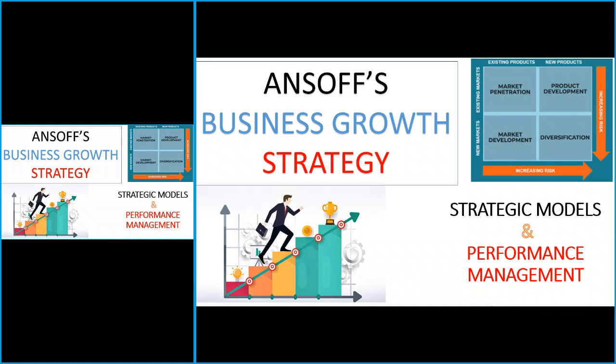So let us quickly learn how to interpret Ansoff's quadrant and how not to misplace, for our exam purposes, where they should be. When we are talking about the quadrants, basically it's 4 quadrants: the vertical and the horizontal.